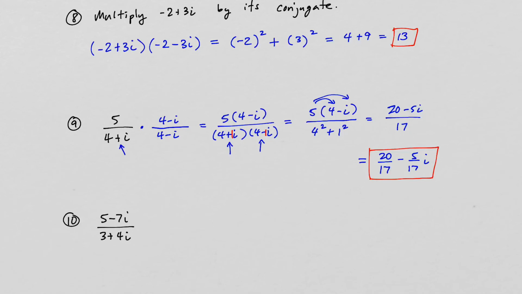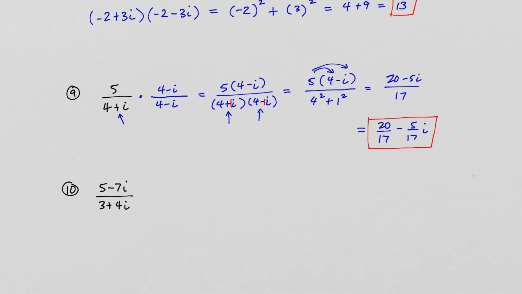And for our final example on this page, we have another division problem. We would like to divide the complex number 5 minus 7i by the complex number 3 plus 4i. Of course, you don't really do division. Instead, we're going to multiply the numerator and the denominator by the conjugate of the denominator, which is 3 minus 4i.